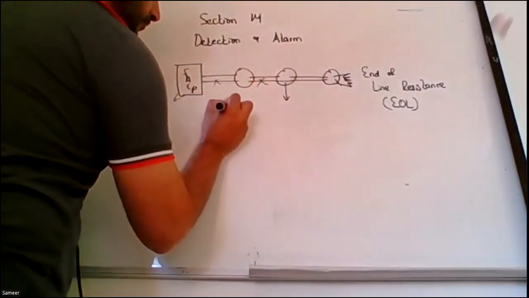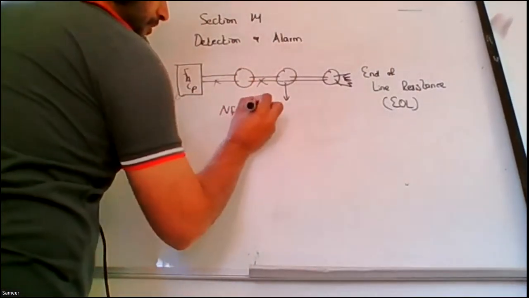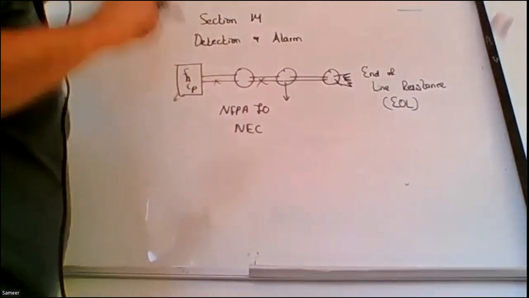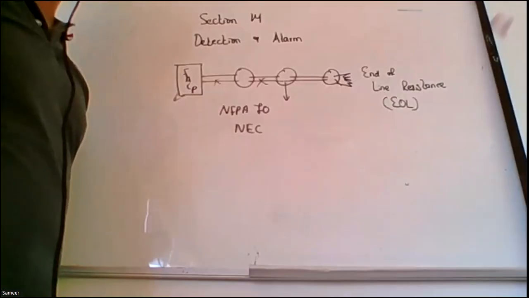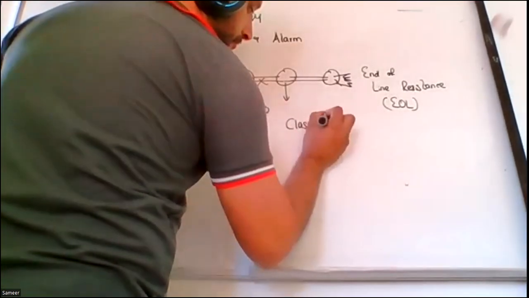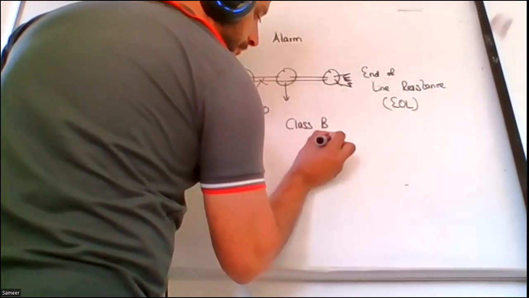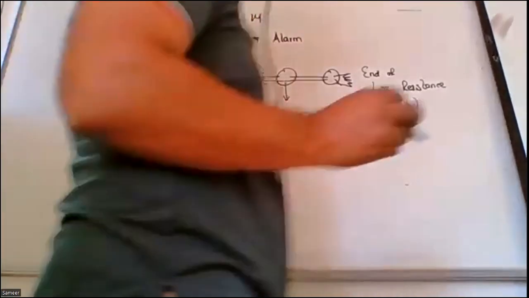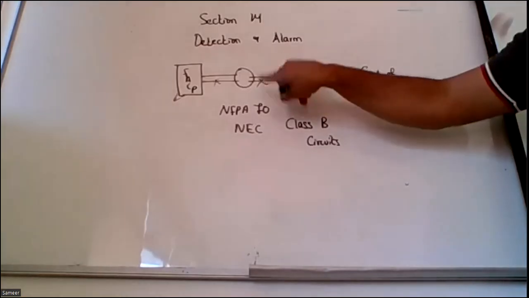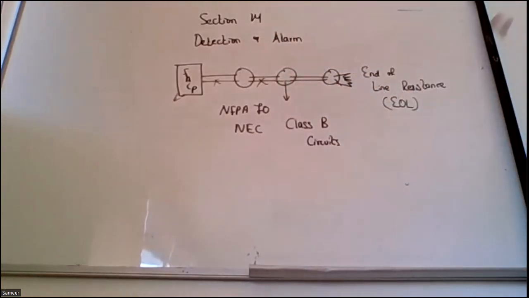NFPA 70, the National Electric Code, NEC, defines this type of circuit which operates up to a single fault as Class B circuits, meaning that as soon as a single fault appears, the whole circuit disables.